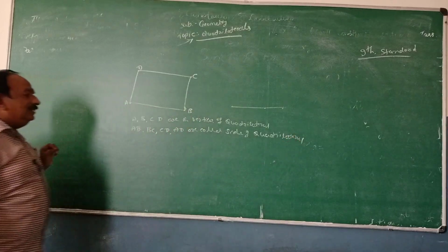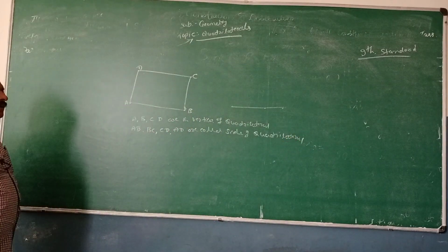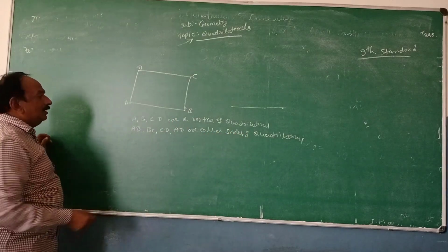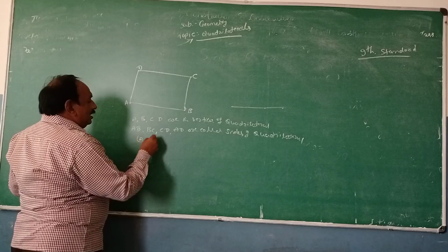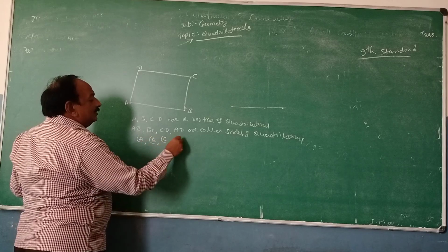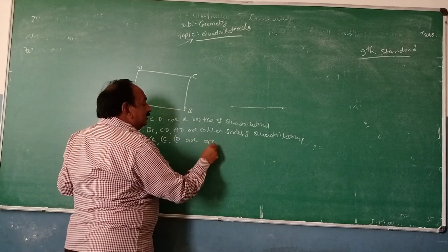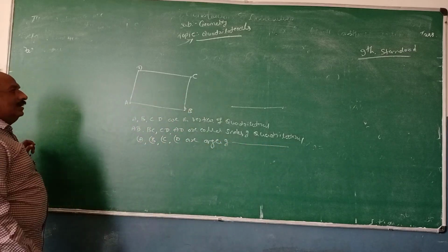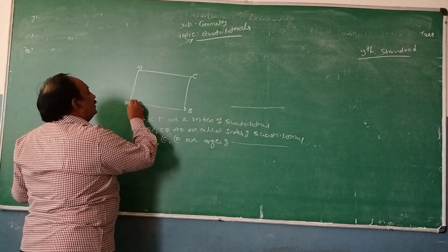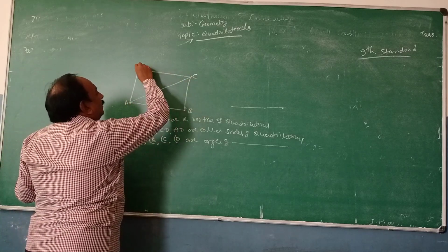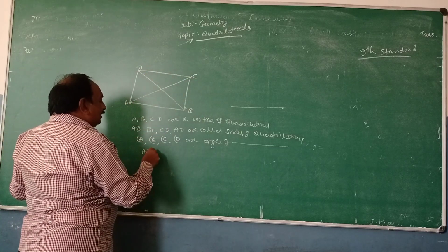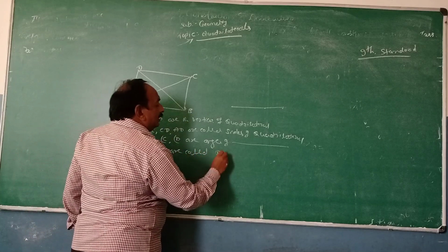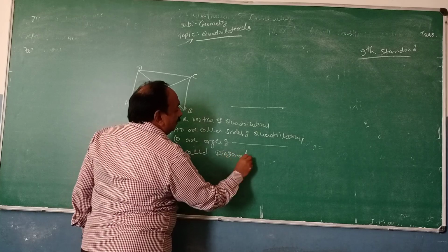Angle A, angle B, angle C, angle D are angles of the quadrilateral. If we join non-adjacent vertices of the quadrilateral, AC and BD are called diagonals of the quadrilateral.